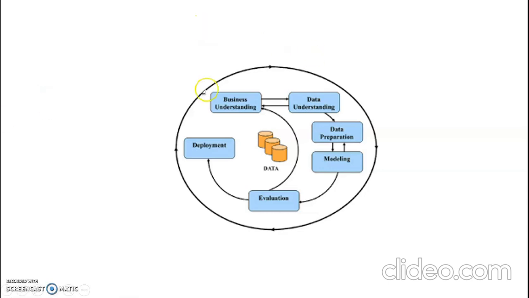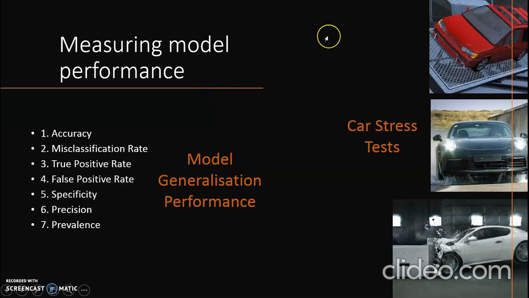So now we want to talk about measuring model performance. Every model has its performance that we need to evaluate. So evaluating model performance is specifically about model generalization performance.